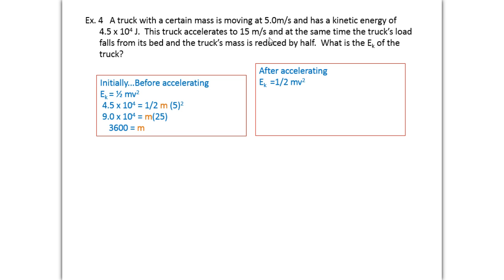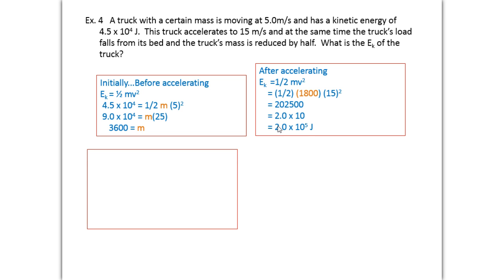The mass becomes reduced by half. So instead of 3,600, it's half of that, 1,800. And that should be 2.0 times 10 to the 5 joules.